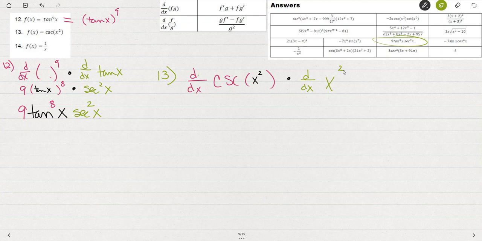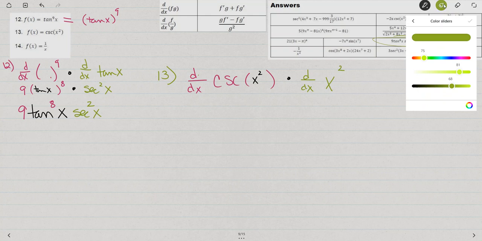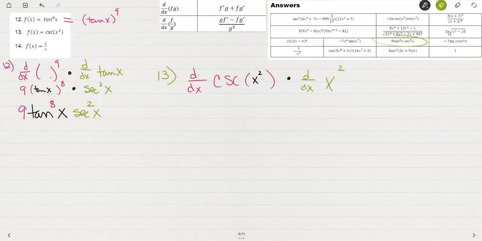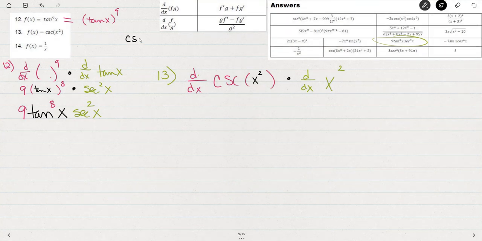So the derivative of cosecant, and remember, let me write it up here. When we're using the trig derivative rules or formulas, however you want to think of them, you could do the opposite of the secant, right? So I was thinking secant, tangent, in the same way I could say cosecant, cotangent.